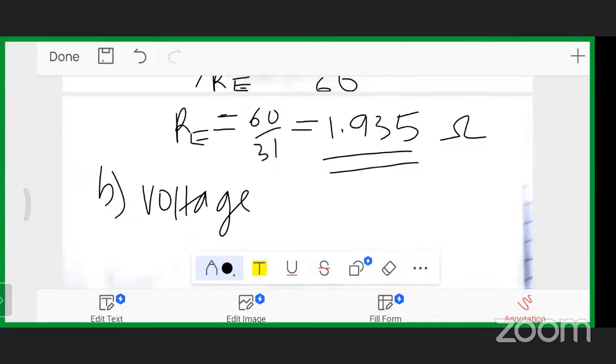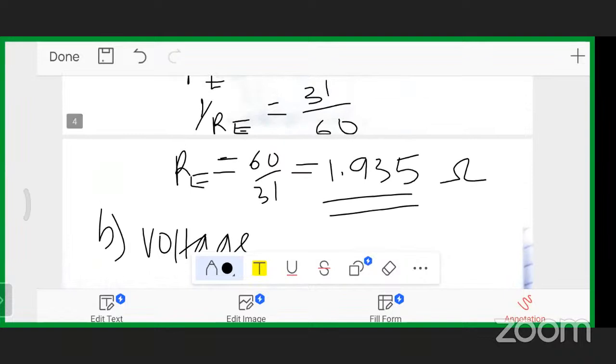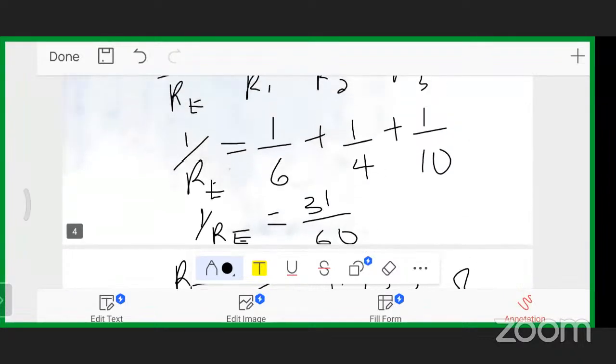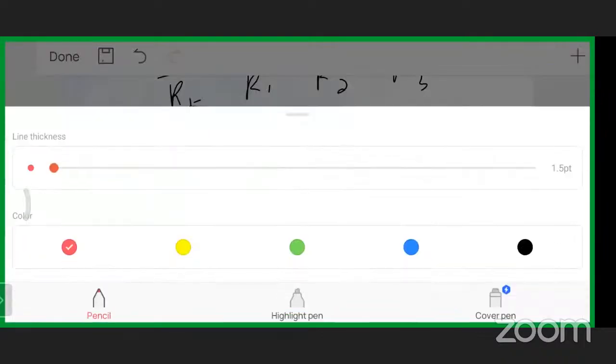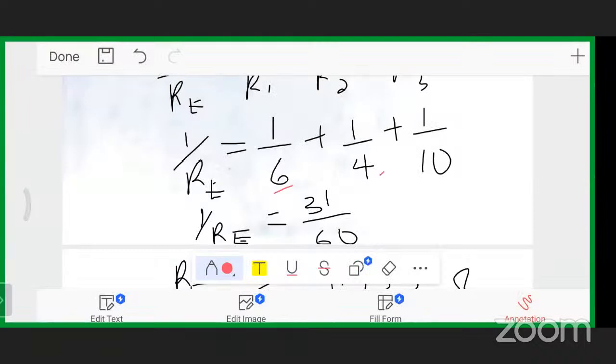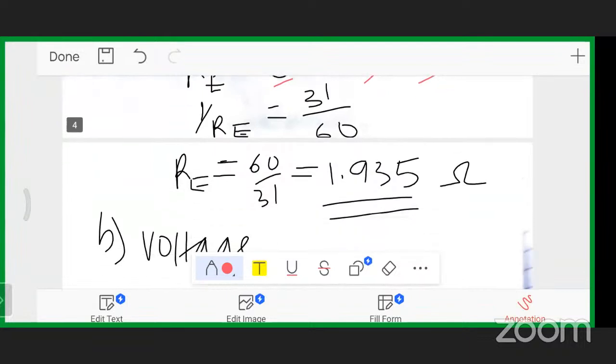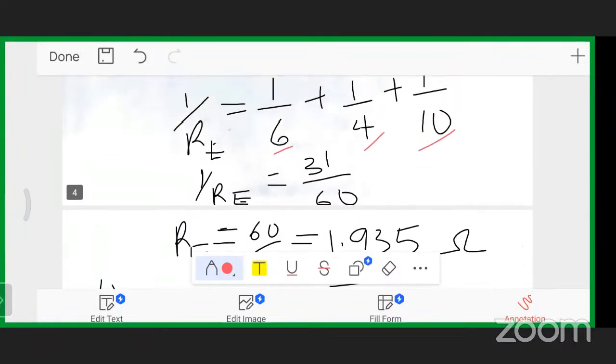Oh, okay. So you check, for instance, in this case, that the resistors in parallel were 6, 4, and 10. When we computed our answer, we found it to be 1.935, which is smaller than any of the individual resistors. And this will always be true for any connection that is purely parallel.